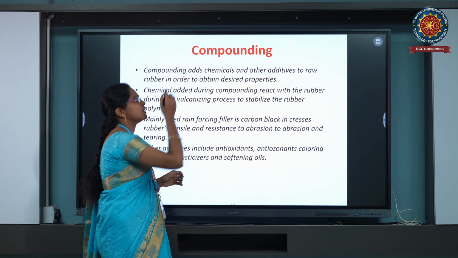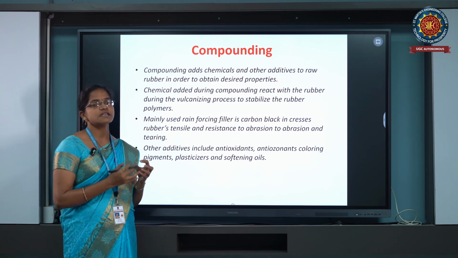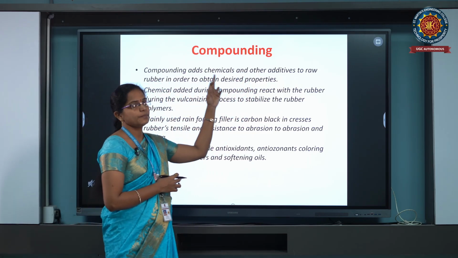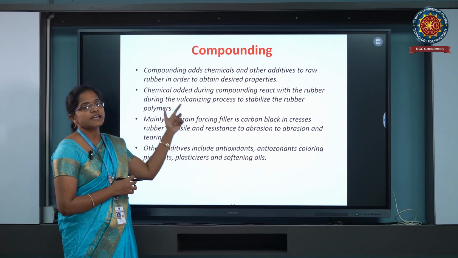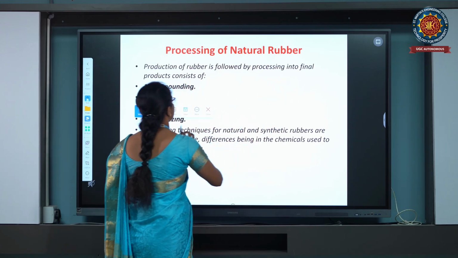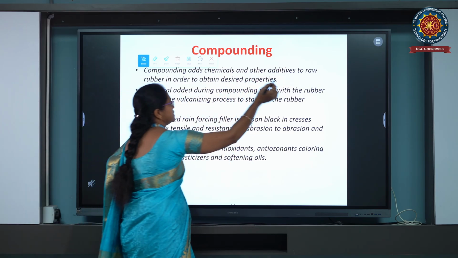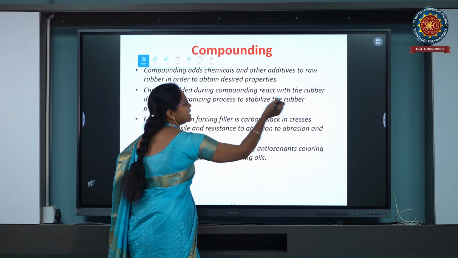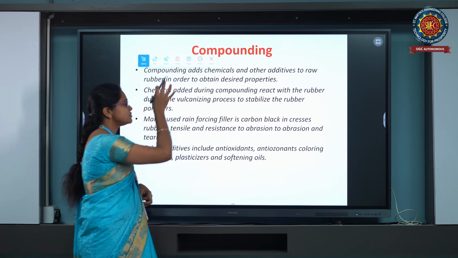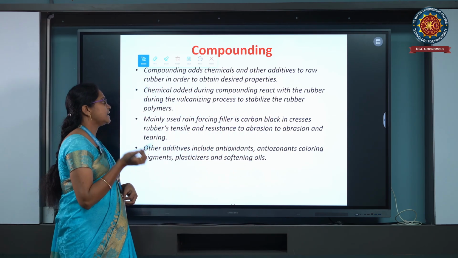First of all, compounding. Compounding means you collect the natural rubber and then add some chemicals, mixtures, compounds and additives to the raw rubber to obtain the desired properties. These chemicals react with the rubber during vulcanization. The stability of the rubber polymer increases during vulcanization. Reinforcing fillers like carbon black increase tensile strength and resistance.